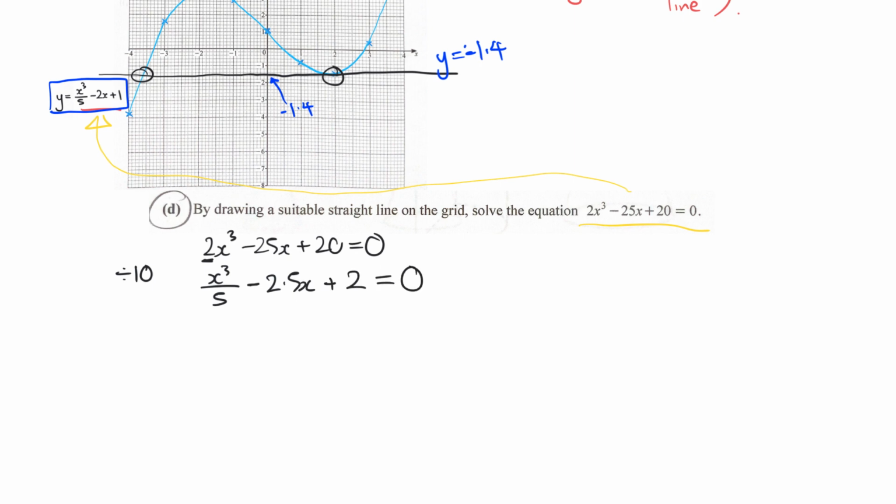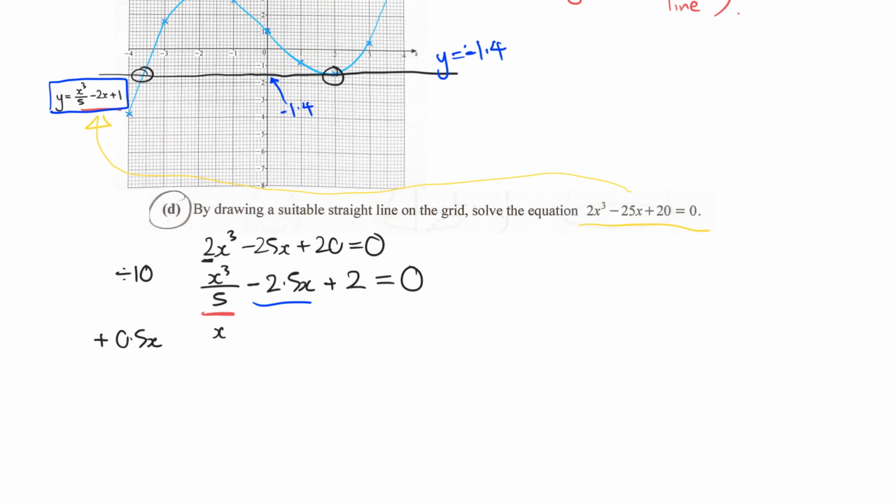Okay, so first term, very similar to our graph already, the x cubed term. Now, I have negative 2.5x, the second one that I want to deal with. But I want negative 2x only. So it's slightly more negative now. I have to add 0.5x on both sides of the equation.